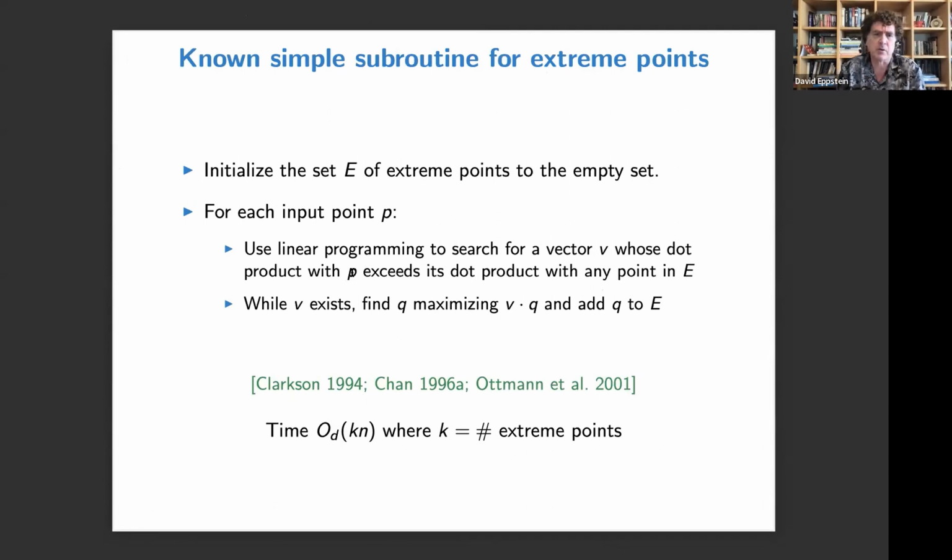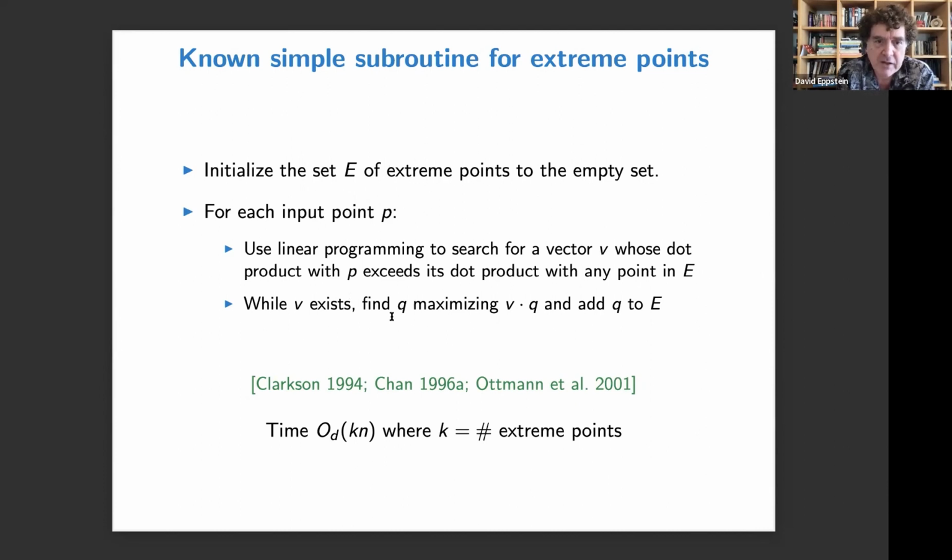Now, once we've found this vector, it might not be the case that P is actually extreme for the whole input. But we know that whatever point is the farthest in the direction of V, the most extreme point for that direction that we found, that point really is extreme for the whole input set. So if we find a vector showing that P is extreme in the set E union P, then that helps us to find another point that's extreme for the whole input set in time proportional to the number of extreme points.